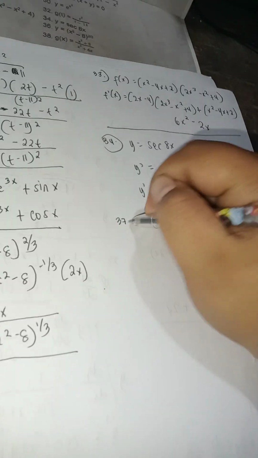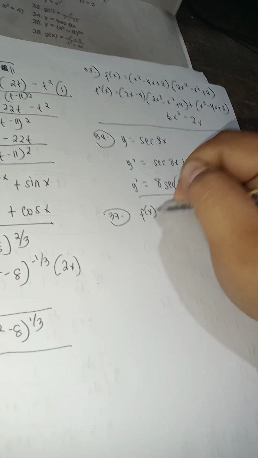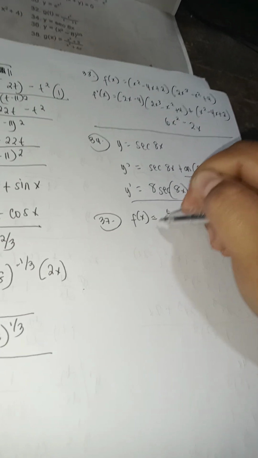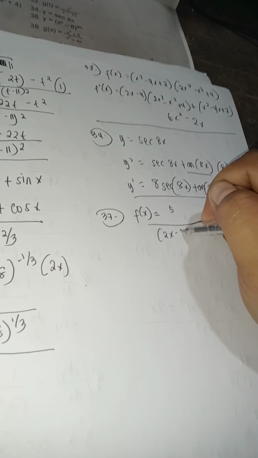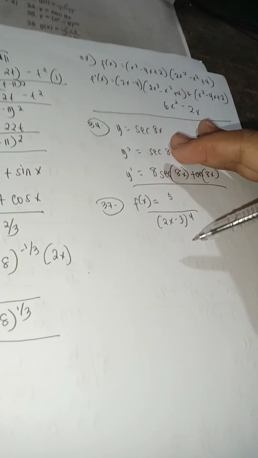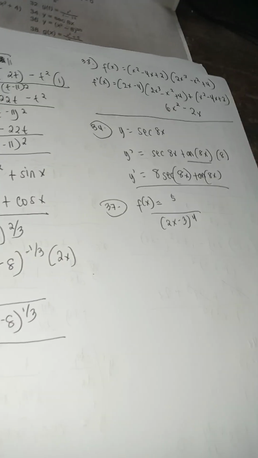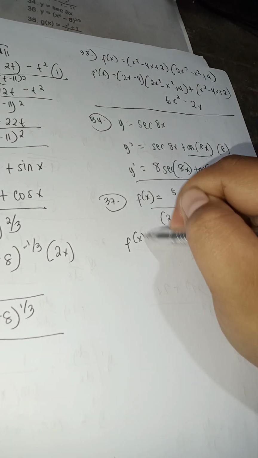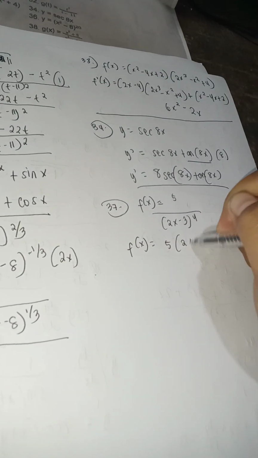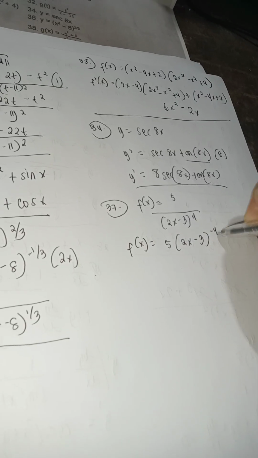Number 37. We have here f of x is equal to 5 over 2x minus 3 to the 4th power. So extract its exponent or rewrite it. Okay, so f of x is equal to 5 times 2x minus 3 to the negative 4.